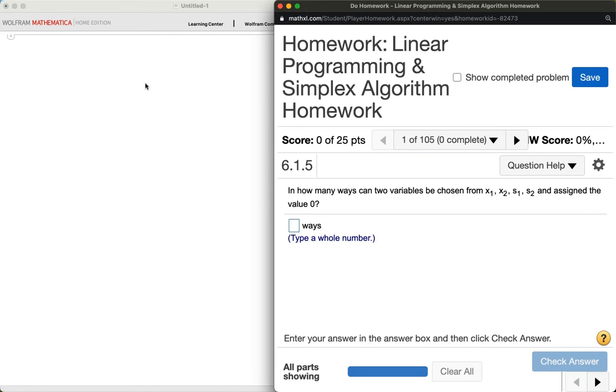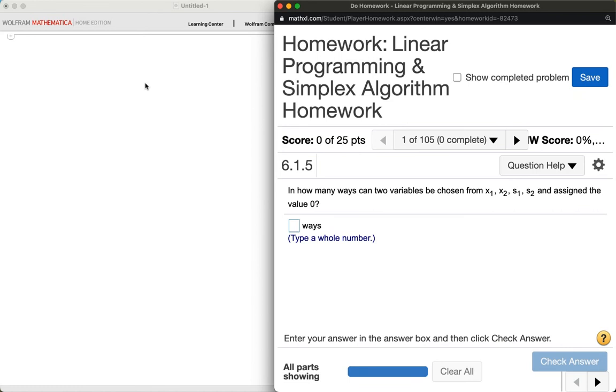Okay, so anyway, this is a combination problem. If you have 4 things, x1, x2, s1, s2, how many ways can 2 variables be chosen from that? And order doesn't make a difference.